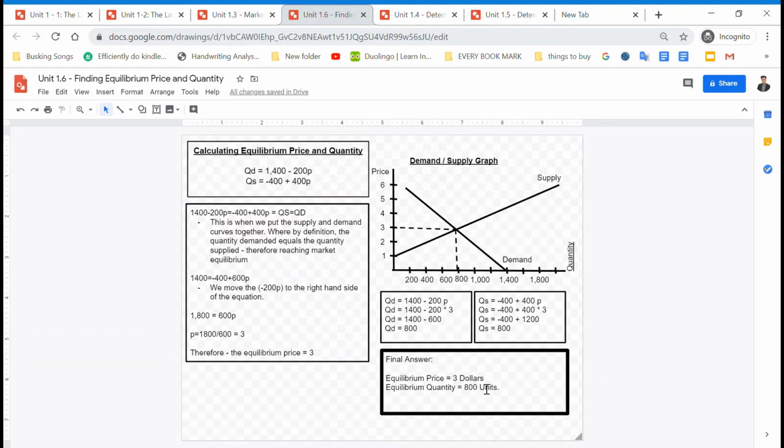Theoretically, the results of these two methods should be the same, which in this instance they are: the quantity reaches 800 units. This gives us the final answer that at the equilibrium price of 3, the equilibrium quantity is 800 units.